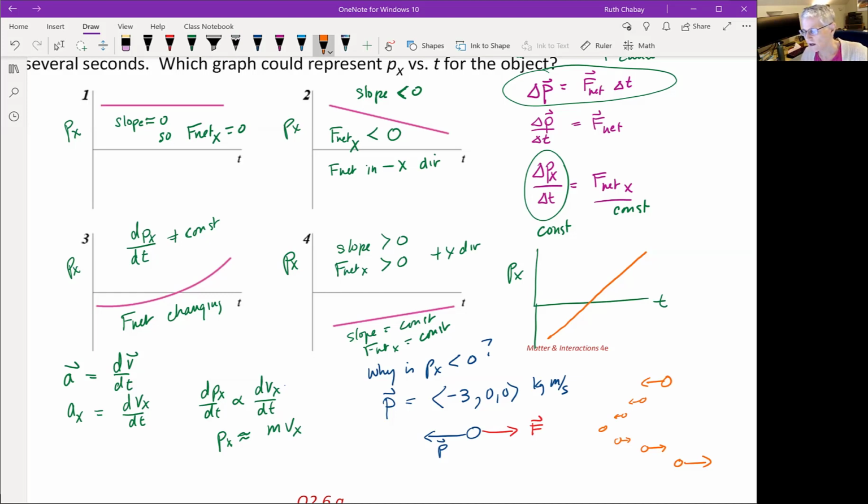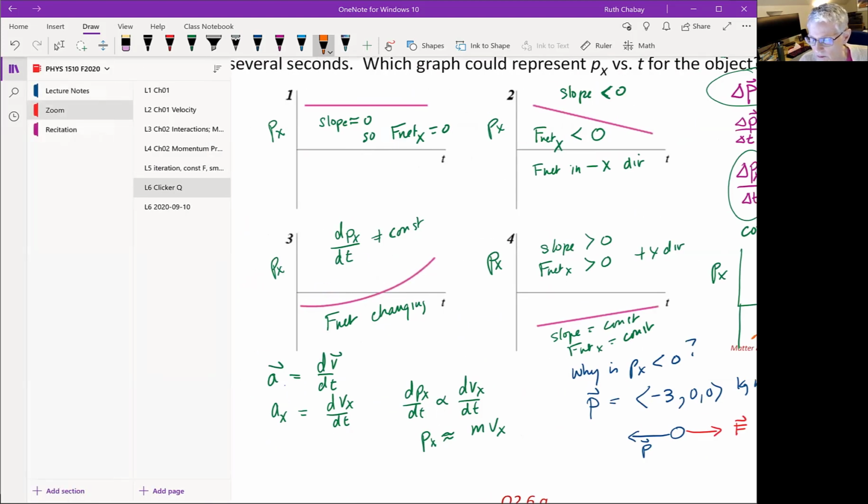So we have to look at the slope of a line of a graph like this to tell us how something is changing. And that's what forces do, is change things. So we're interested in change. And we look at the sign of the value to tell us the direction in which something's going.